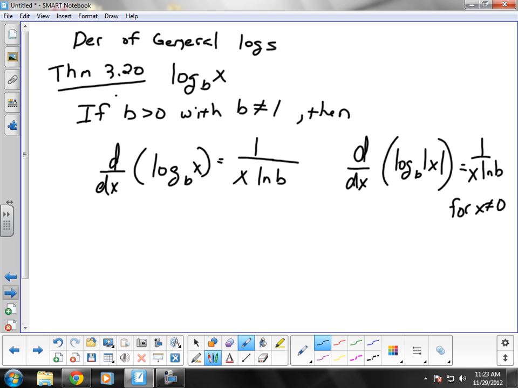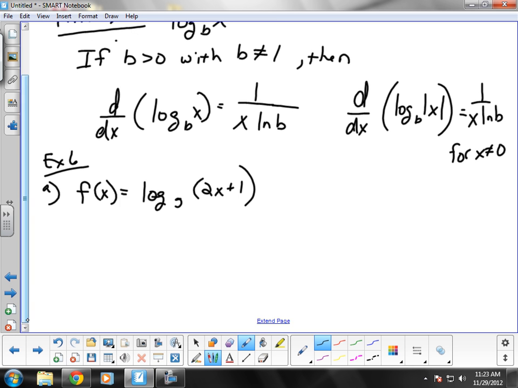Okay? All right. So example 6, part A. So the first derivative of this, yes, log base 5 of 2x plus 1. Oh, yes, you're right.